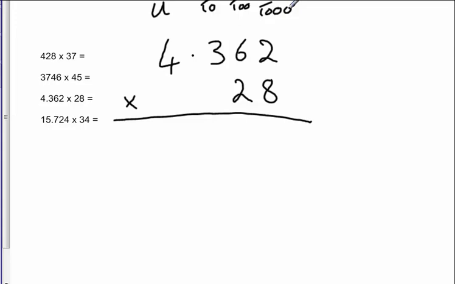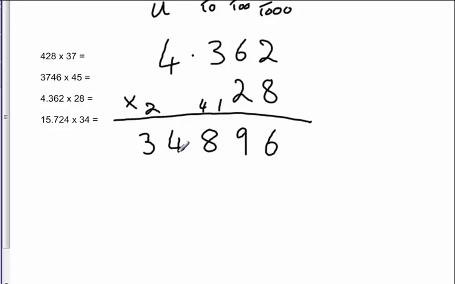And so I do that by 8 by 2 is 16, put in my 6 and carry my 1. 8 6s are 48, plus 1 is 49, put down my 9 and carry my 4. 8 3s are 24, 24 and 4 is 28, put in my 8 and carry my 2. And 8 4s are 32, plus 2 is 34.